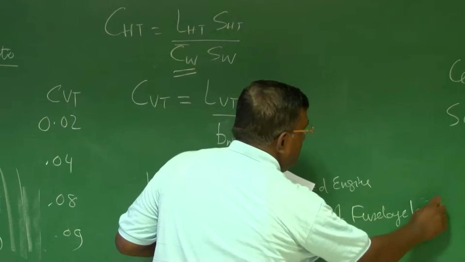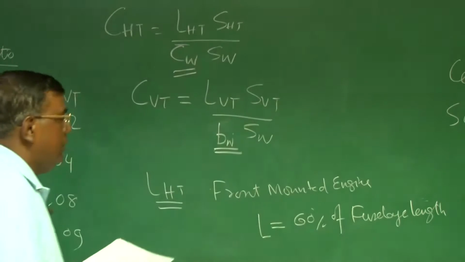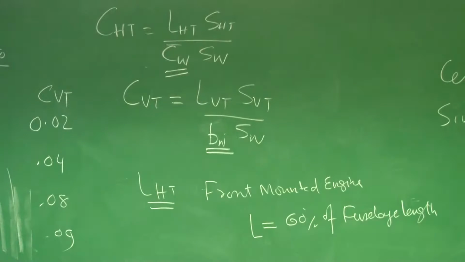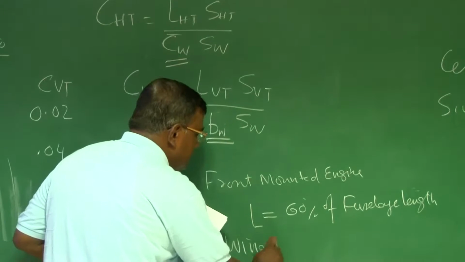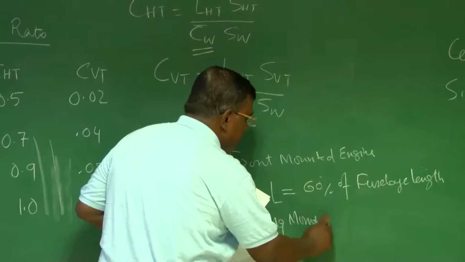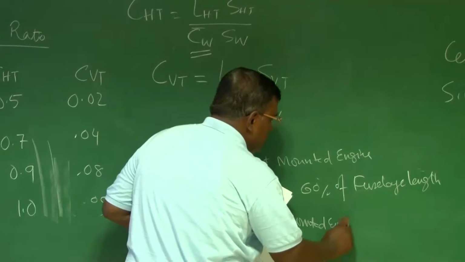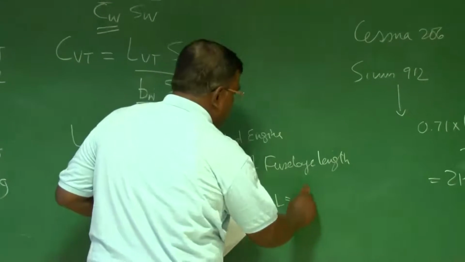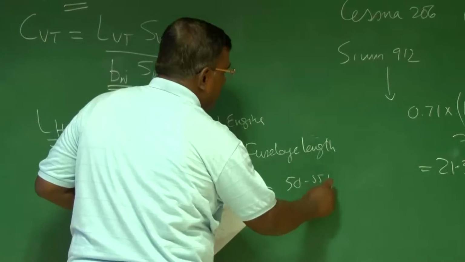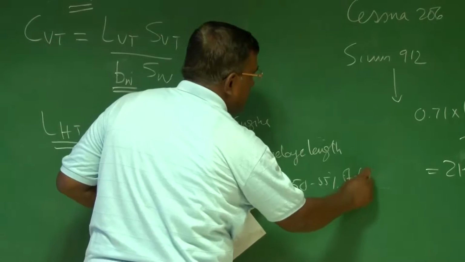So that is why before coming to this, we said let us see what will be the fuselage length. If the engine is wing mounted, then L you take around 50 to 55% of fuselage length.